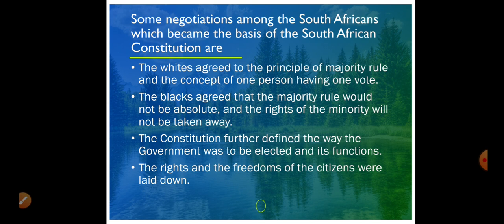Third, the constitution further defined the way the government was to be elected and its functions. Now, in this, they mentioned how the government is elected and the functions of the government.